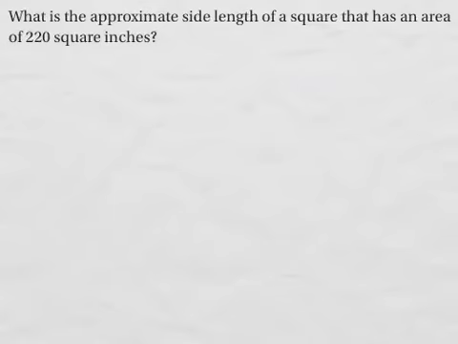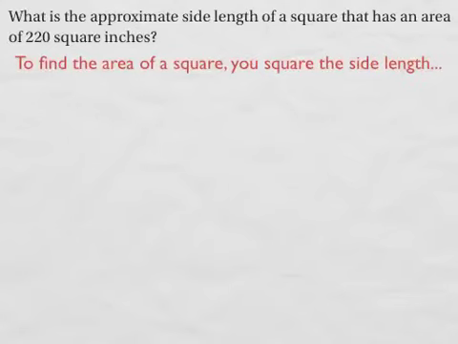This asks us to approximate the side length of a square that has an area of 220 square inches. If you think back to how you find the area of a square, you take the side length and you square it.